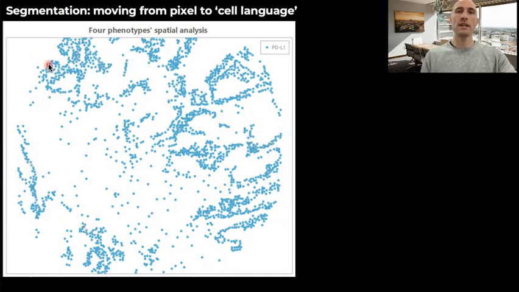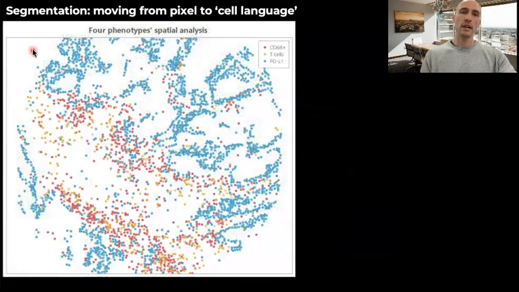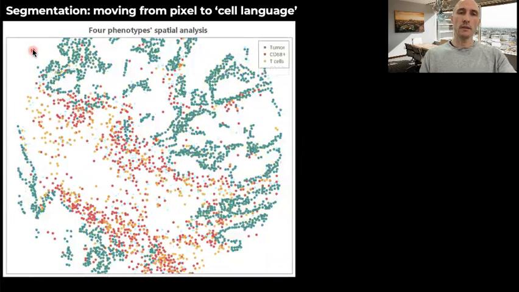You can see the software now is perfectly identifying our PD-L1 positive cells. Then you can put your T cells in here, your macrophages, and your tumor cells. Our tumor cells actually overlap with PD-L1, so we can take out the PD-L1 cells and see our tumor cells in here. And now you and the software are speaking the same language.